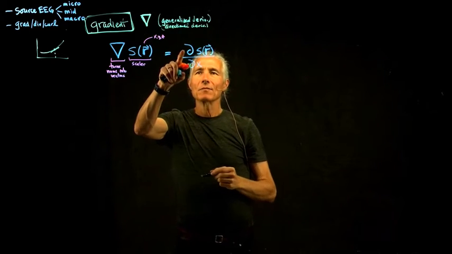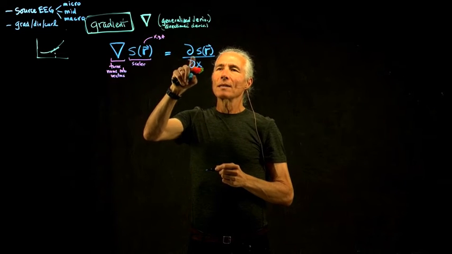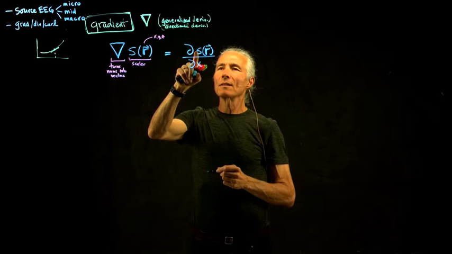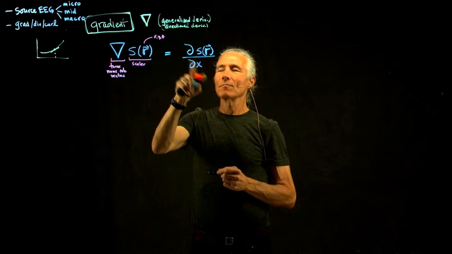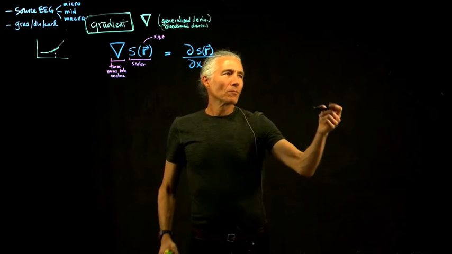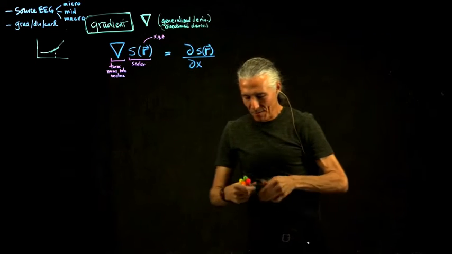Just tell me, if I go a small distance in the x direction, what happens? We'll make a drawing over here of what's going on.